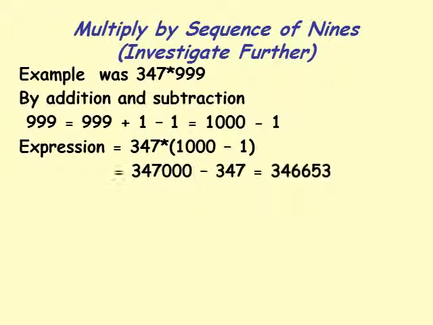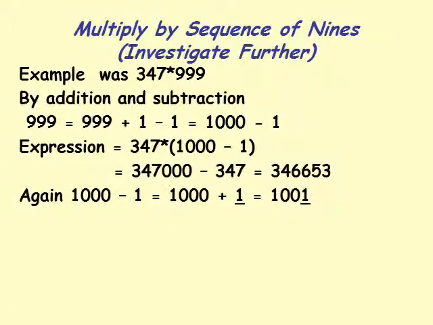Which is equal to 347000 minus 347. We do all from 9 and last from 10 of 347, which is 653, and 1 less than before of 347. So it's 346653. This is by sutra. Again, 1000 minus 1 is 1000 plus negative 1, which is 1001 and negative 1.